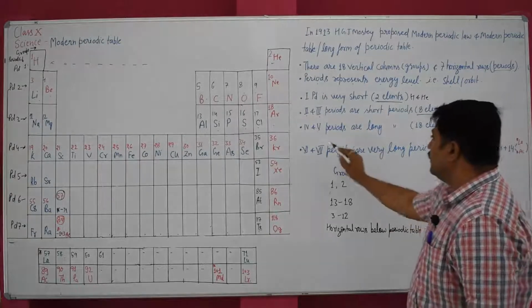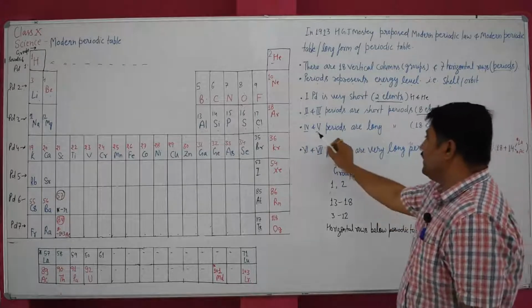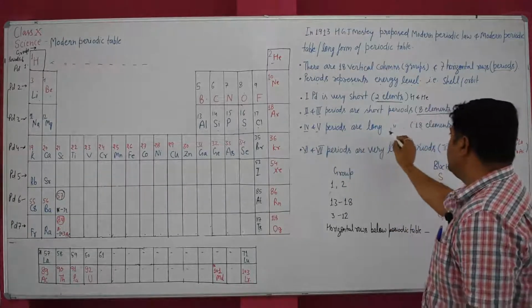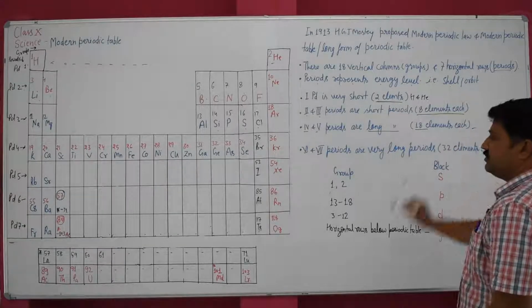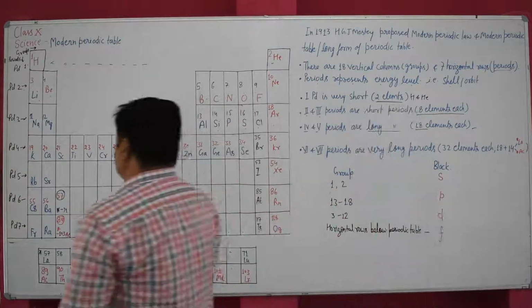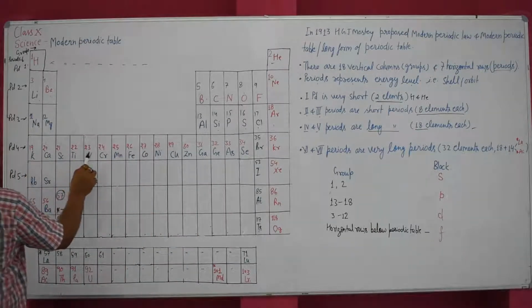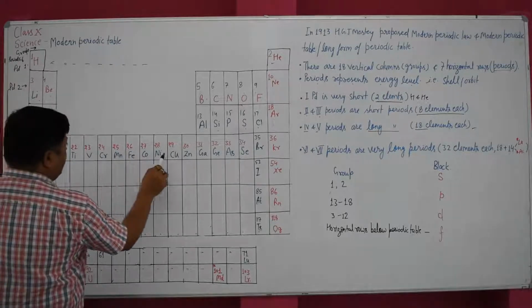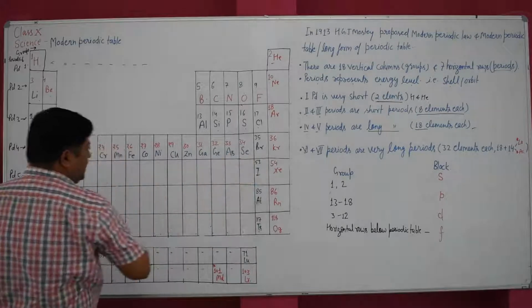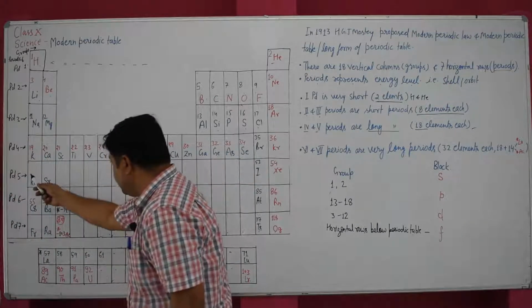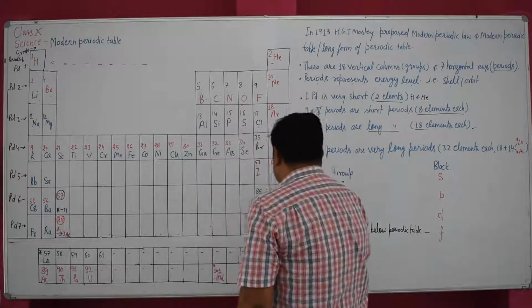Next, period number 4 and 5 are long periods having 18 elements each. Now you can count: 1 2 3 4 5 6 7 8 9 10 11 12 13 14 15 16 17 and 18. Again, the next one will also have 18.